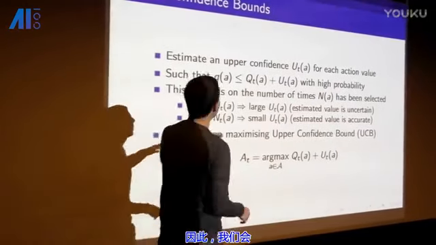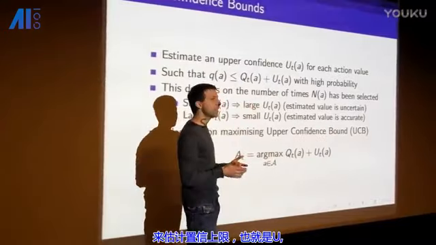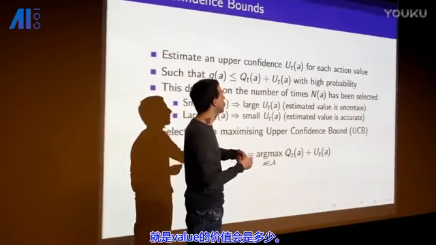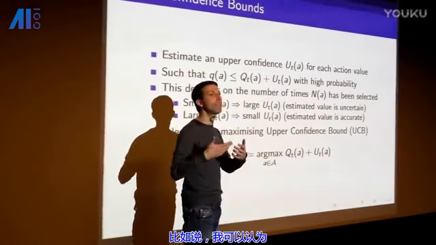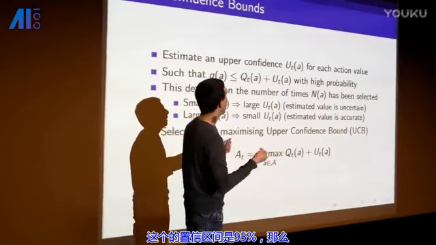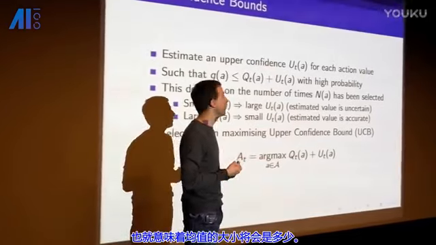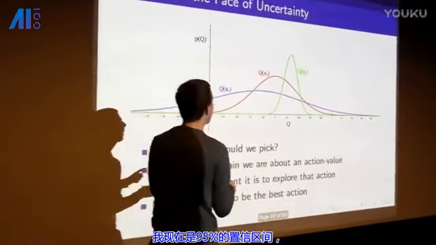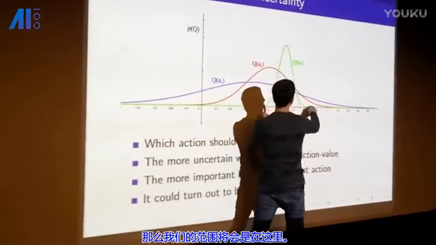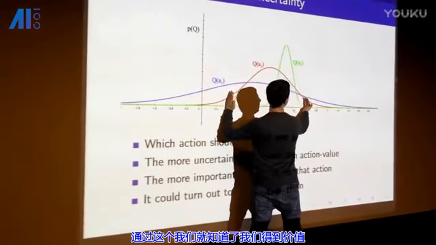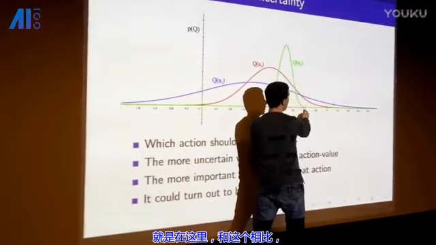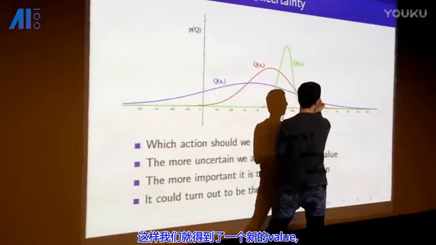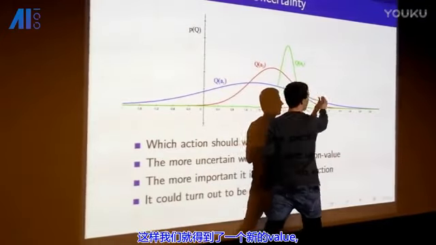So we're going to estimate this upper confidence U. We can think of this as a high probability upper confidence on what that value could be, something like a 95% confidence interval about where the mean could actually be. So maybe I'm 95% confident that this one is going to be within this range here. And so that gives us our point that we use. That's our U value here. And compared to this one, we might say a 95% confidence interval is here. We're going to use that as our U value.